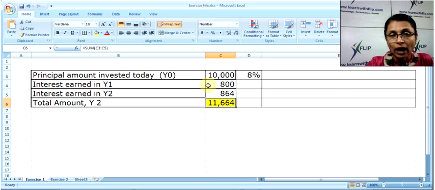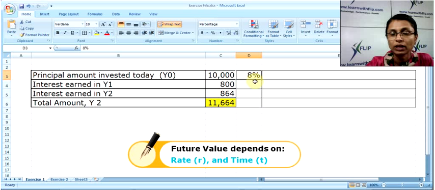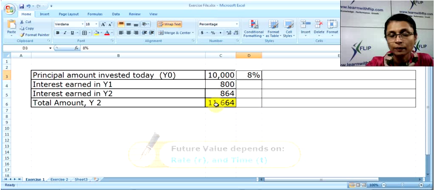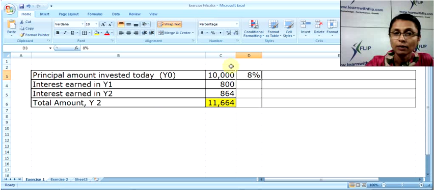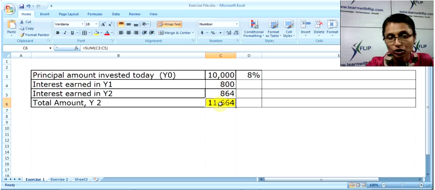One, at what point of time are we calculating the future value, or T. It also depends on the rate of interest that today's value is earning, or R. So the future value depends on R and T. But to put a quick definition around future value, it is the amount that today's value turns into at a defined point of time in the future.